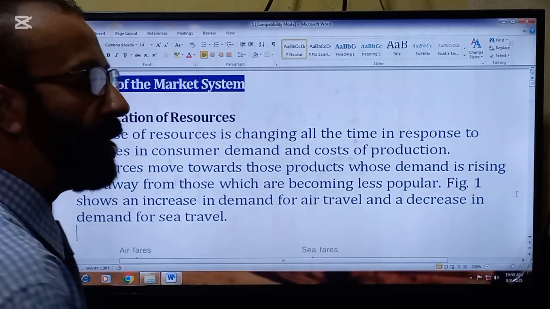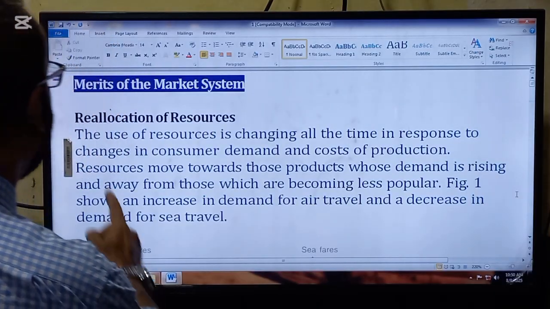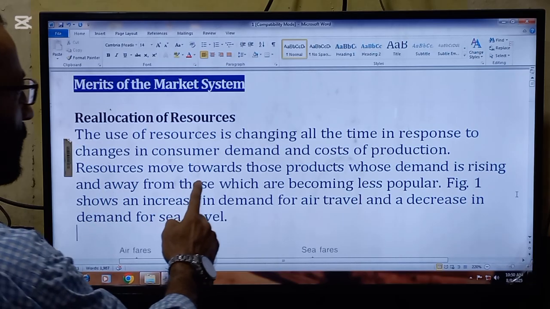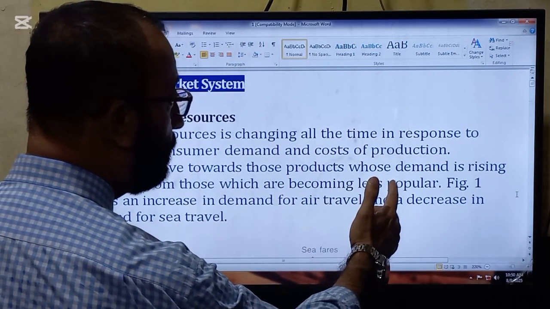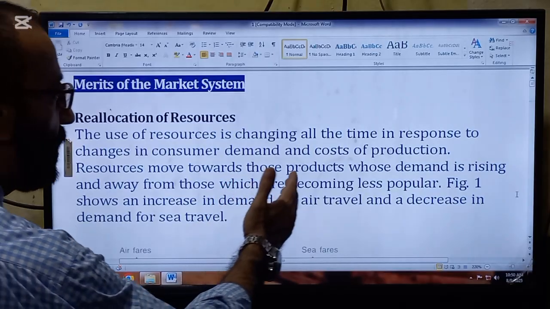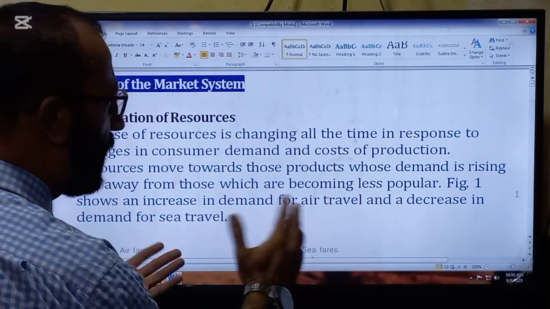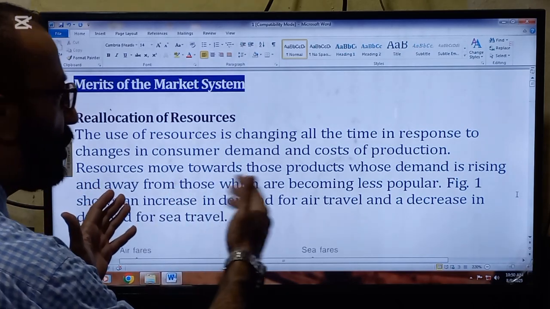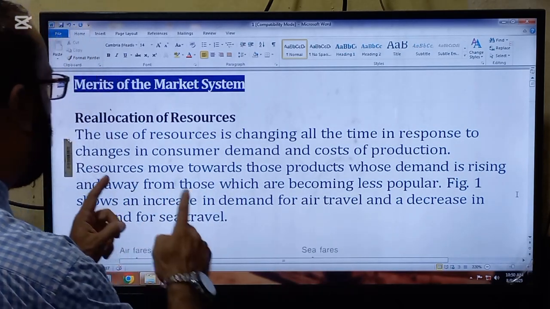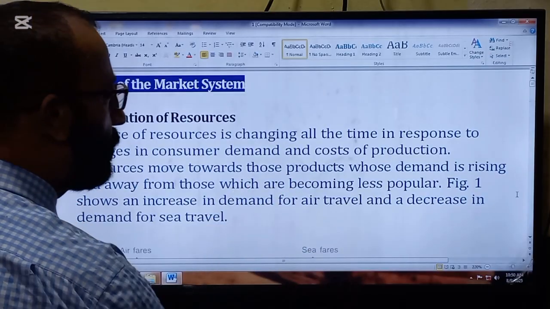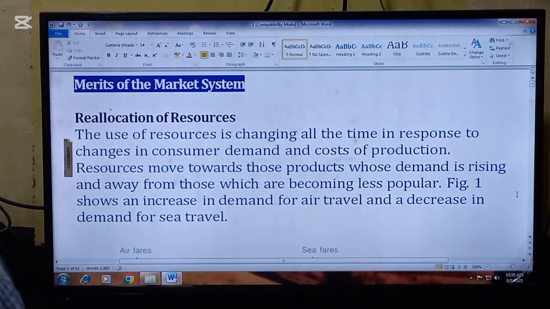First thing that we are going to read in the lecture is reallocation of the resources. The use of the resources is changing all the time in response to changes in consumers' demand and cost of the production. So these are the two factors due to which the resources keep changing from time to time. Number one is the changes in consumers' demand, and number two is the cost of the production.